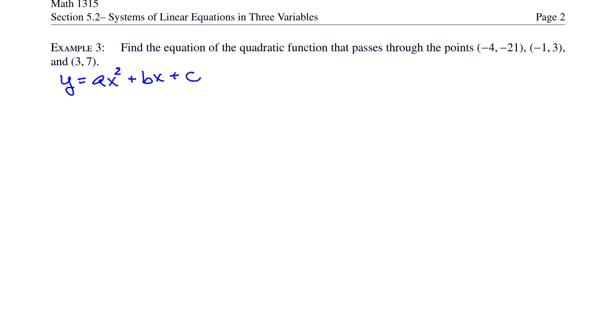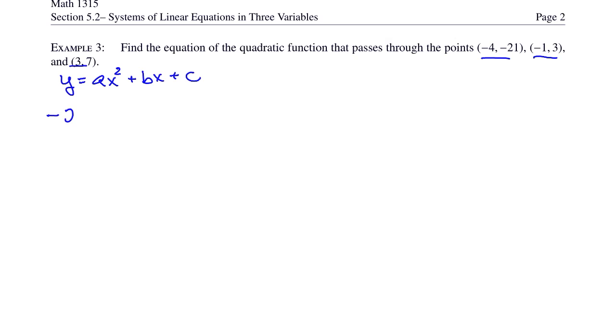If you're going to determine the equation of this quadratic function, you need to find the a, the b, and the c. We have 3 variables. In order to solve for 3 variables, we need 3 equations. So what we're going to do is create the equation based on the 3 points that we are given.